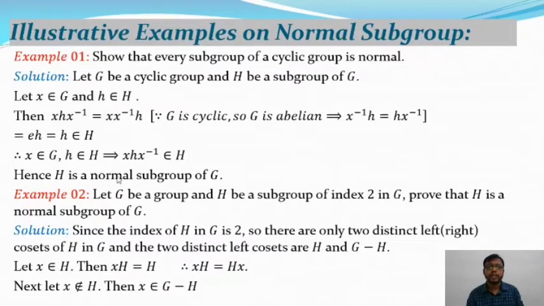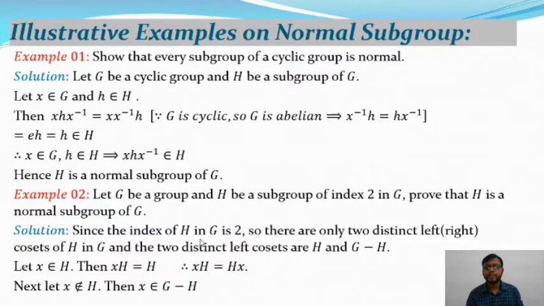Now we'll take the second example on the normal subgroup. Here is the example. Let G be a group and H be a subgroup of index 2 in G. Then prove that H is a normal subgroup of G. So here is the solution of the above example.